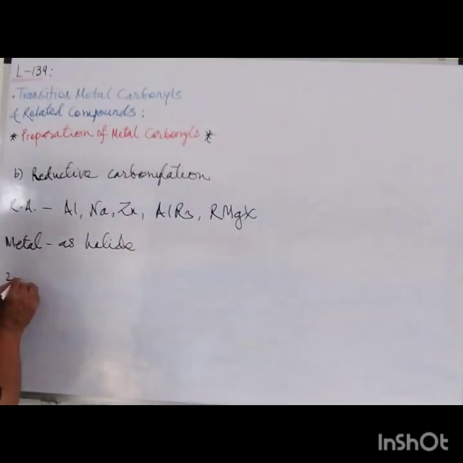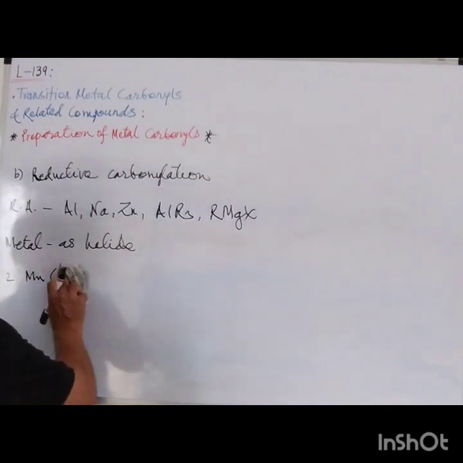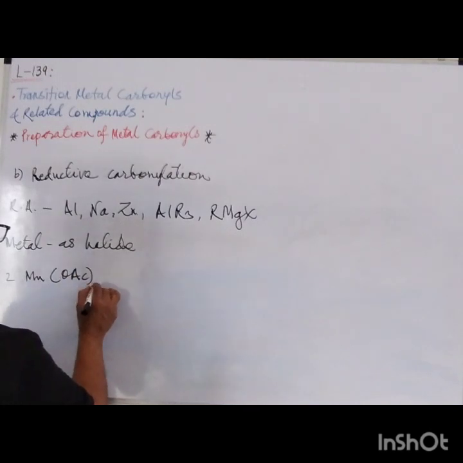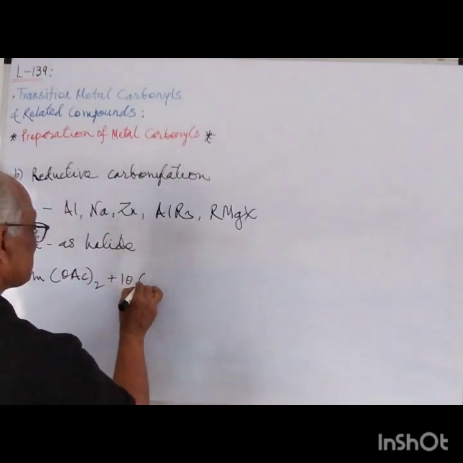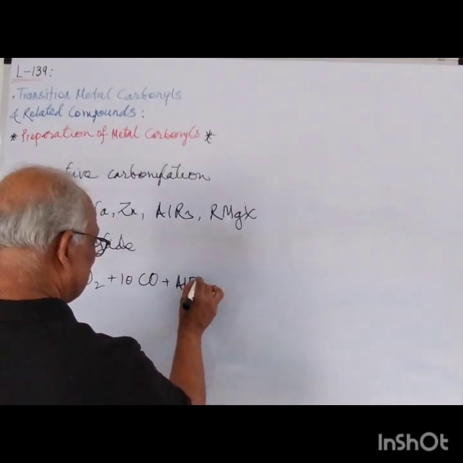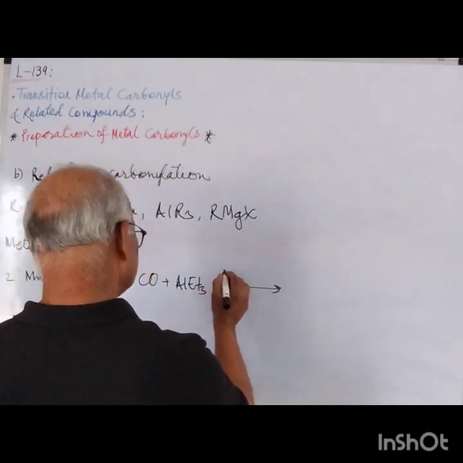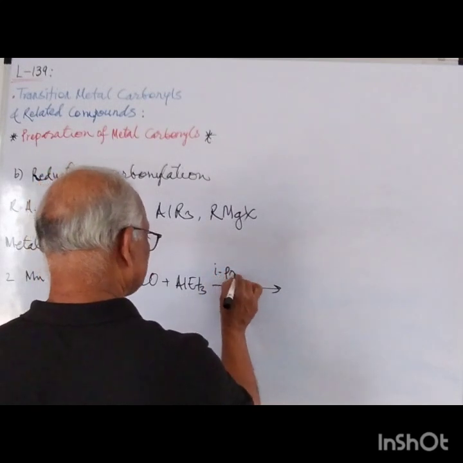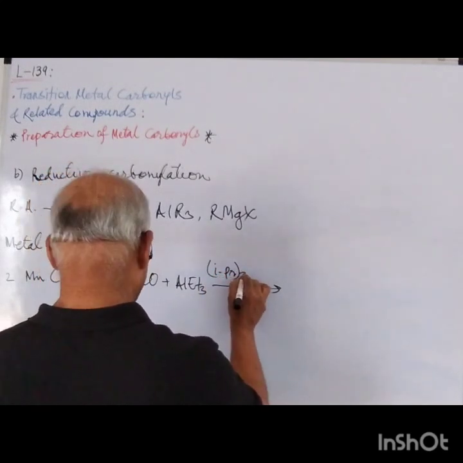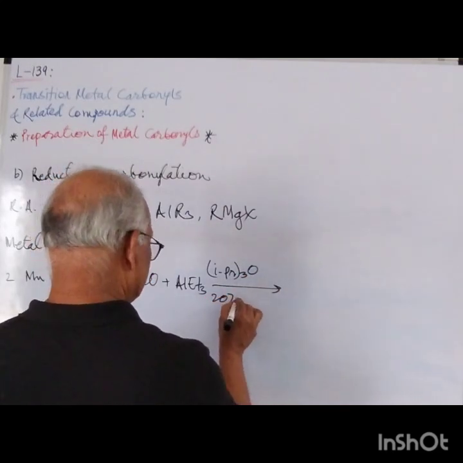That is twice MnOAc2 plus 10 CO plus AlEt3, triethylaluminium. Here isopropyl ether is used as a solvent and pressure is 207 bar.